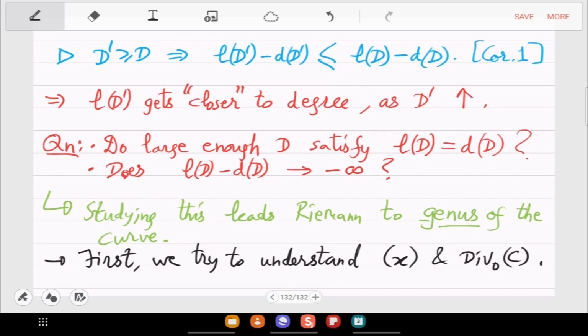Okay, we'll try to understand these principal divisors. We'll try to understand what kind of zeros and poles and how many do they appear in rational functions.